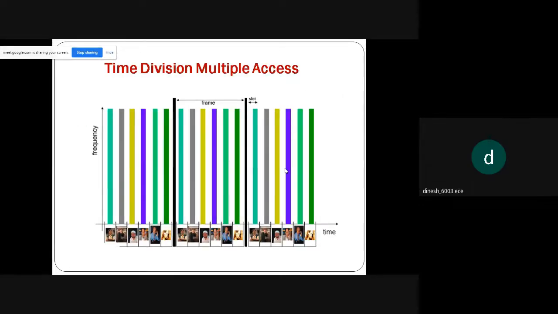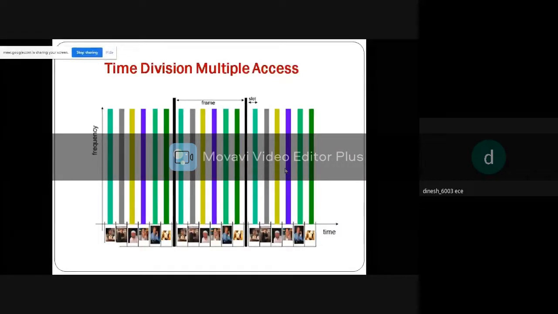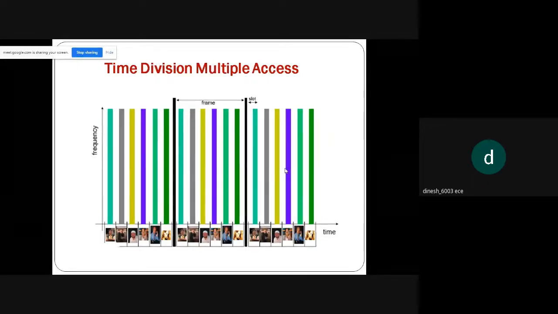You can see green is one frequency, gray is one frequency, light green is another frequency, blue is another frequency, dark green is another frequency, violet is another frequency. So depending upon the time, depending upon the frame or slot, every user is given a chance to transmit their information.